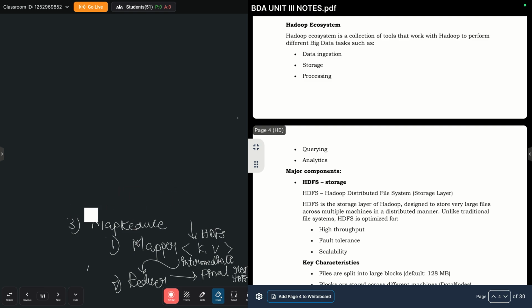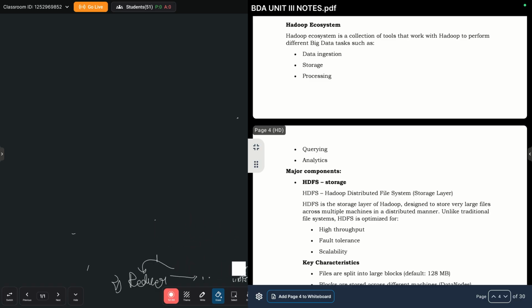Right, so what are the different tools of Hadoop ecosystem?